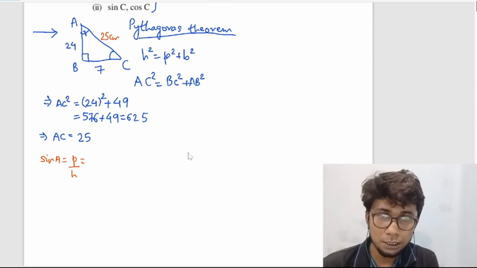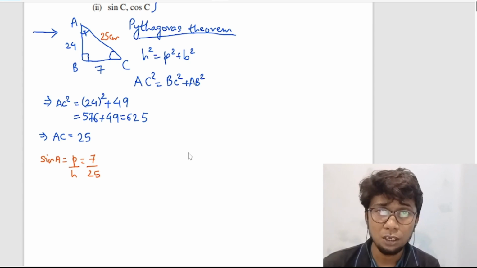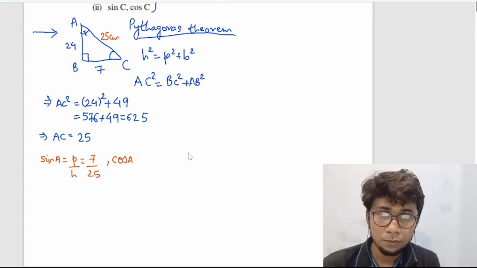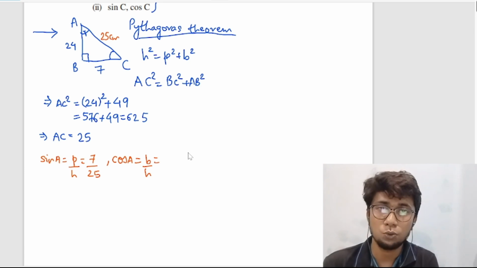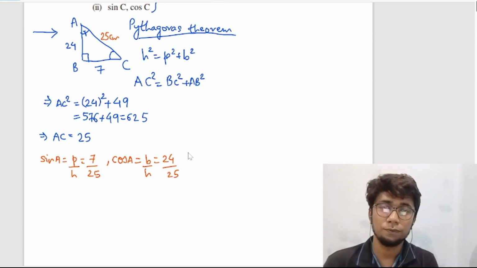So this is 7 upon 25. Fine. All right. What about cos A? Cos A is base upon hypotenuse. What is base here? Base is 24. It will be 24 upon hypotenuse, that is 25.